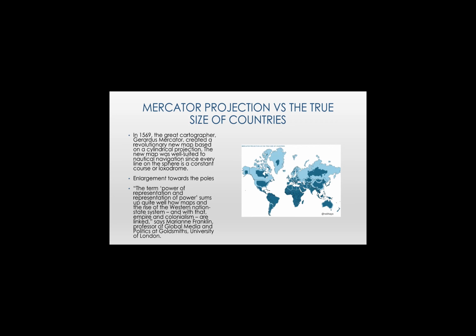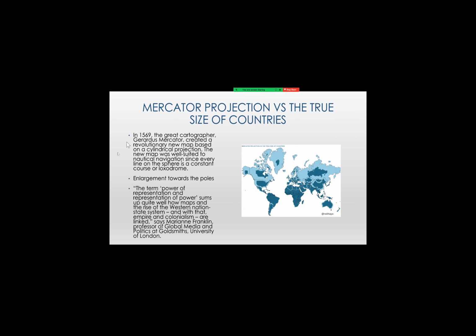And he created it based on the cylindrical projection, the globe that we see. The new map was well suited for nautical navigation. Since every line on the sphere follows longitude and latitude, it's constant. It made for an easier nautical navigation.